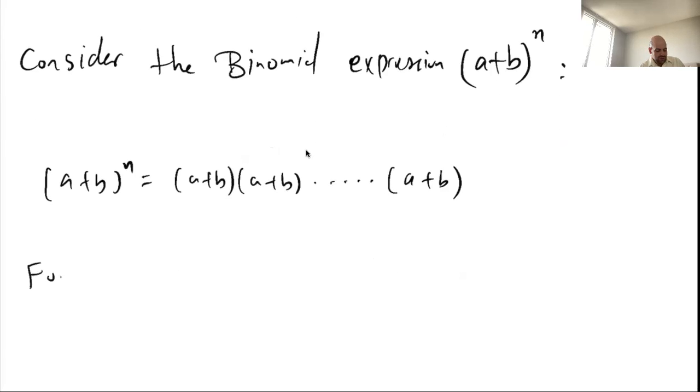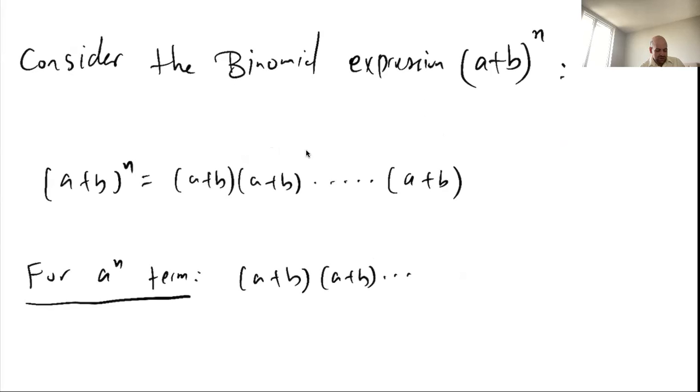For the a to power n term, if you want to get a to power n, what should we do? I want to multiply these n brackets together, and from each bracket I have two options. I can either choose a or b.